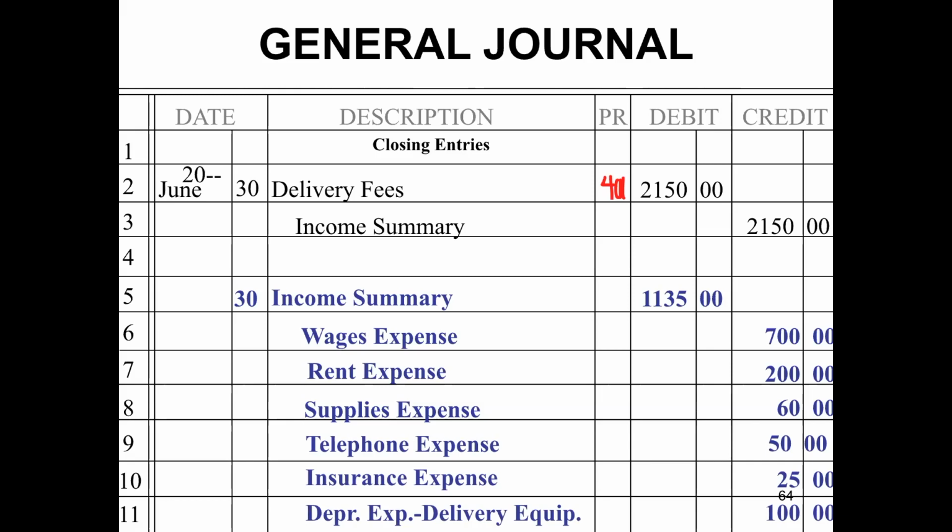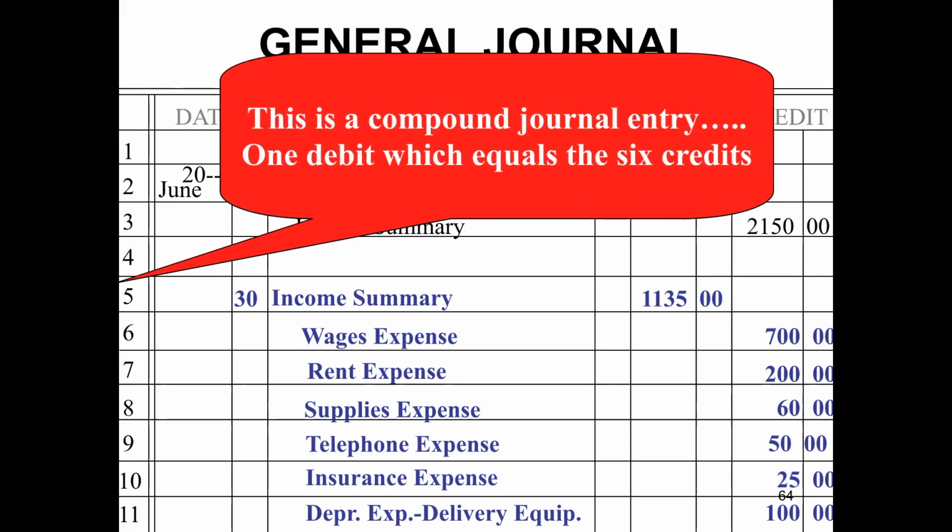So let's try to check. 700 plus 200 plus 60 plus 50 plus 25 plus 100 equals 1,135. The second entry is done. All the expense accounts are closed with 0 balances.